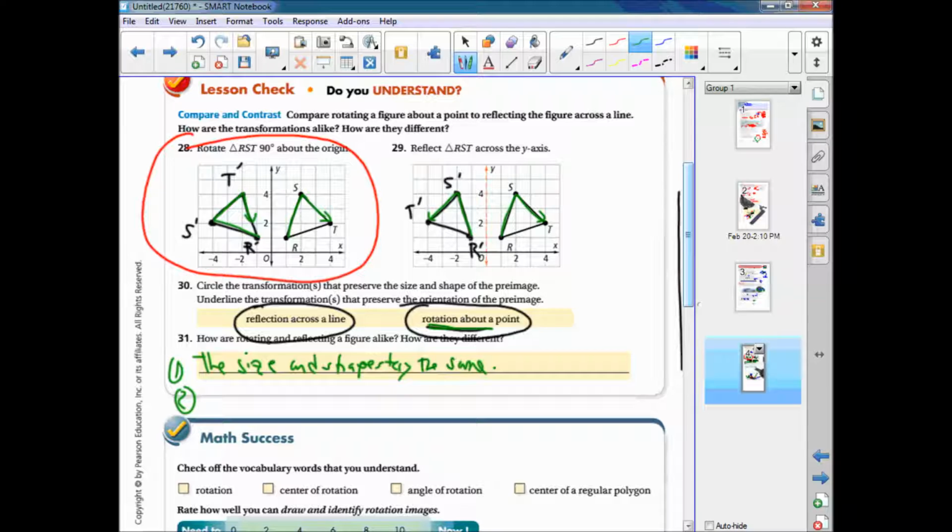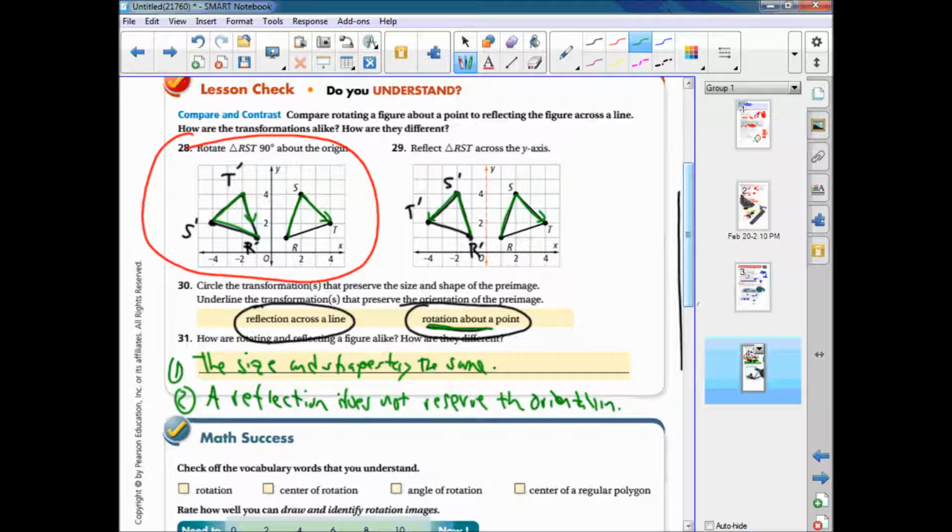A reflection does not preserve the orientation. So when you reflect, you're flipping it over, and the orientation, or the order in which the vertices come as you go clockwise or counterclockwise around the shape, changes.